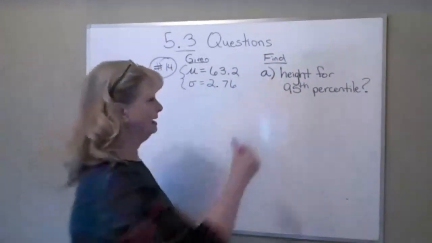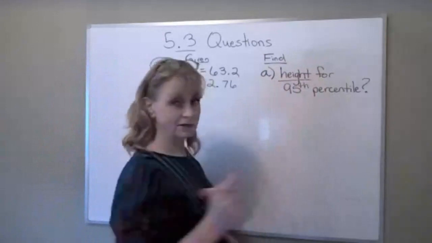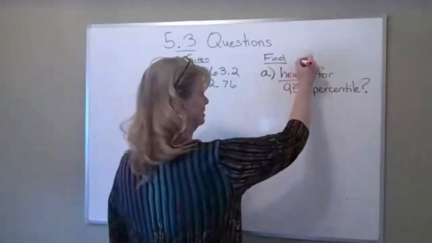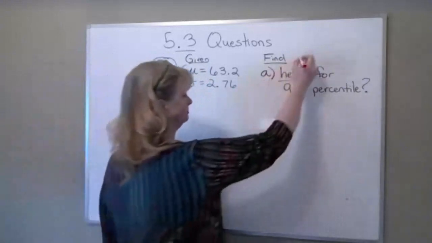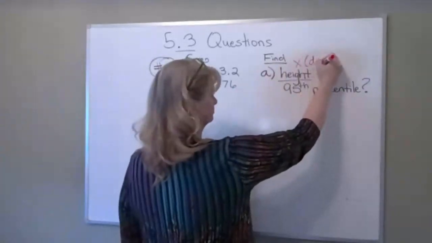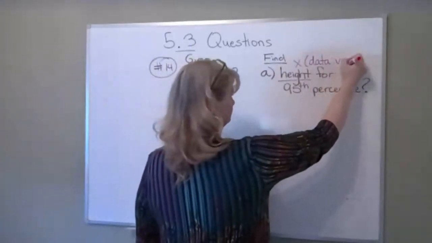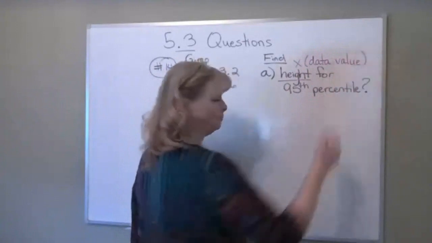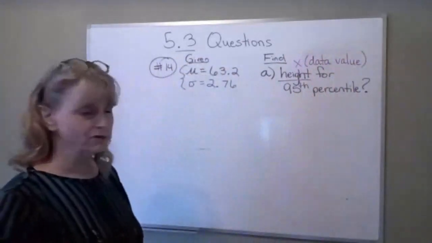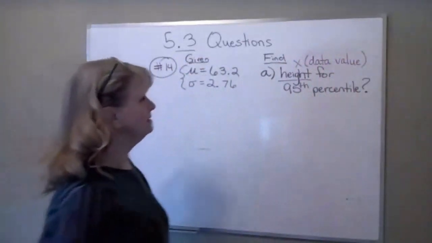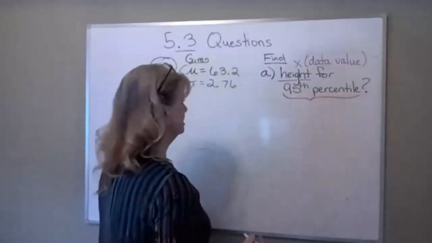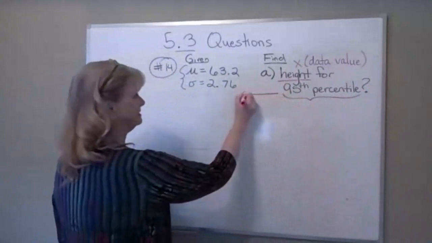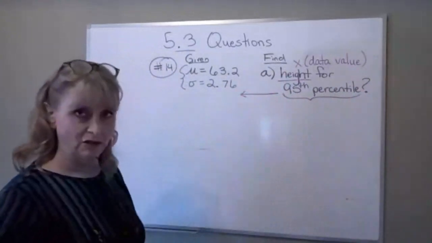It says find the height. The height is going to be a data value. That's going to be an x. If it wanted just the z-score, it would ask for z-score. And the other thing that they want us to find, it says the 95th percentile. Now that's the same thing as telling you the area to the left.